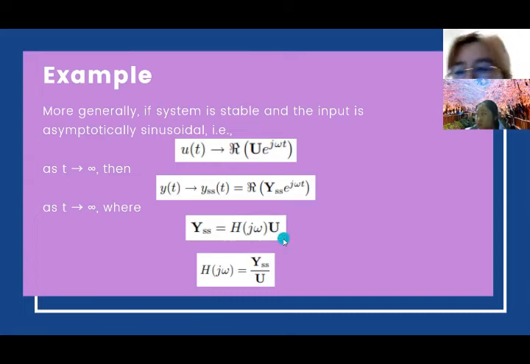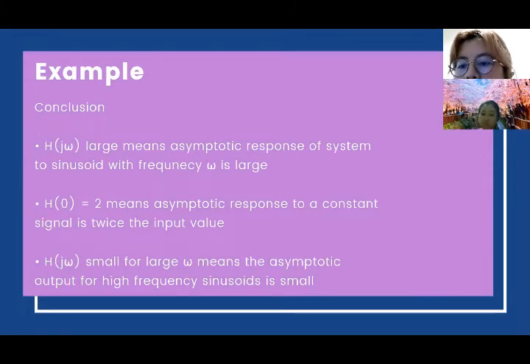In a stable system, H(jω) gives the ratio of phasors of asymptotic sinusoidal output and input. So, assuming the system is stable, we can conclude as such. H(jω) large means the asymptotic response of the system to a sinusoid with frequency omega is large. H(0) equals 2, which means the asymptotic response to a constant signal is twice the input value. H(jω) small for large omega means the asymptotic output for a high frequency sinusoid is small.